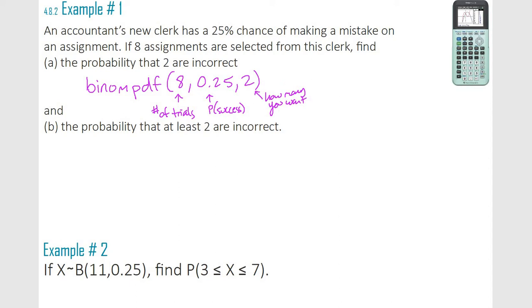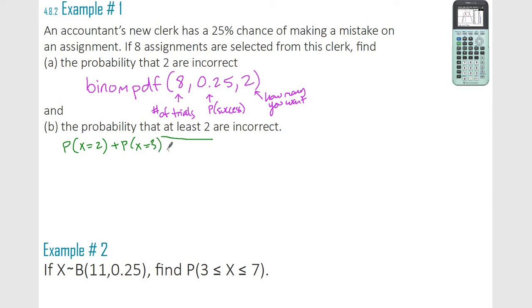All right, the next one is a little bit different, because here we want at least 2 incorrect. So we want the probability that 2 is incorrect plus the probability that 1 is incorrect. I'm sorry, at least 2. So more than 2.